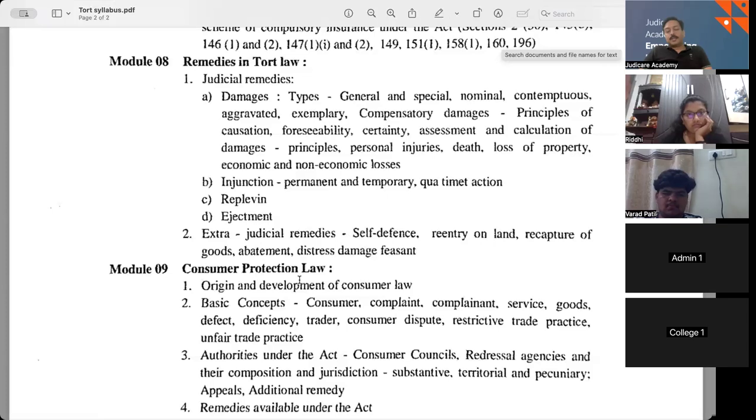It's an emotional distress. In case of an injury, the pain and suffering you have gone through is a non-form of financial loss. But then you can ask compensation for it. In both the cases, these are non-financial losses, but you are able to get a compensation for non-financial losses also, like pain, suffering, mental trauma, etc. So this is general damage. Key identification is this is compensation for non-monetary losses.